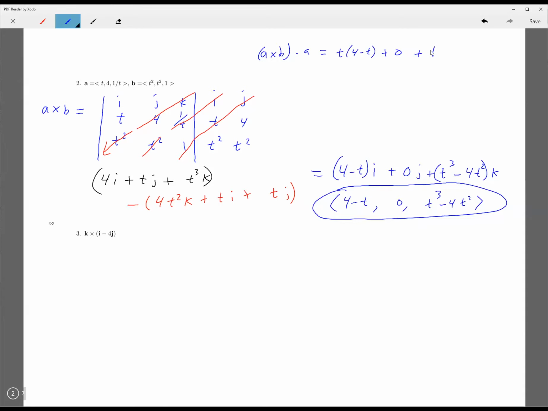So divide everything here by T. That's T squared minus 4T. And then everything reduces to 0.